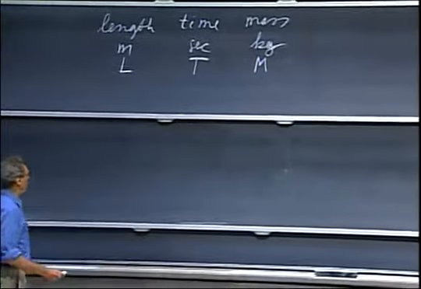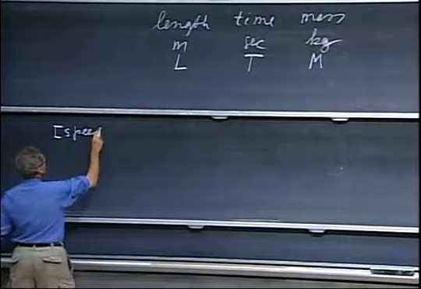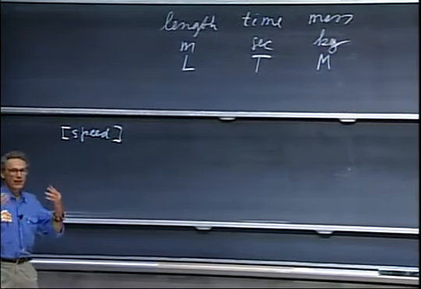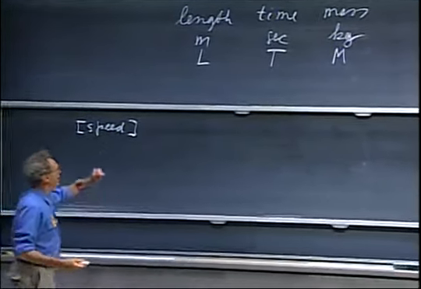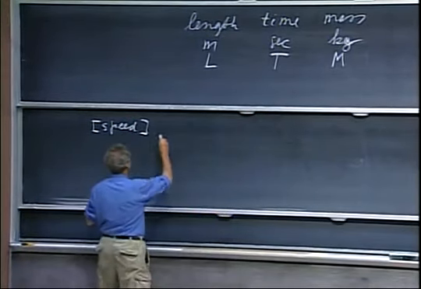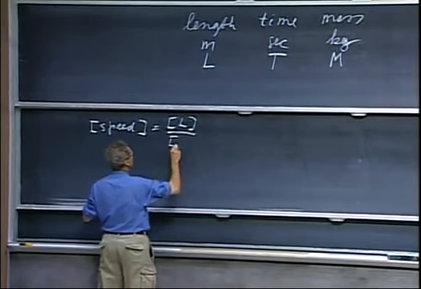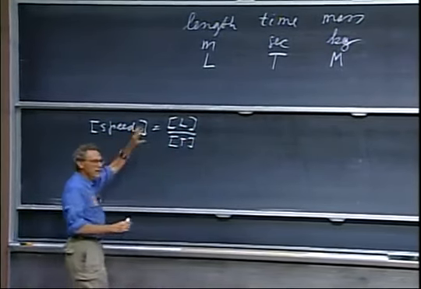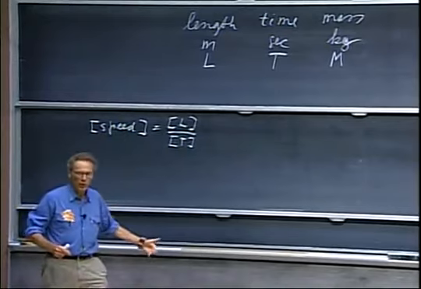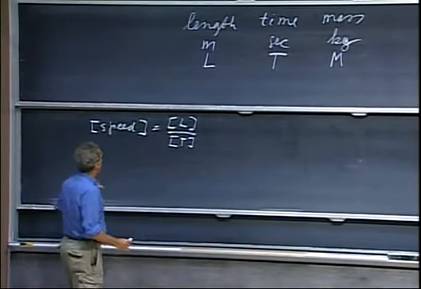I give you an example. I put a bracket around speed, and that means the dimensions of speed. The dimension of speed is the dimension of length divided by the dimension of time. So I can write for that bracket L divided by bracket T. Whether it's meters per second or inches per year, that's not what matters. It has the dimension length per time.